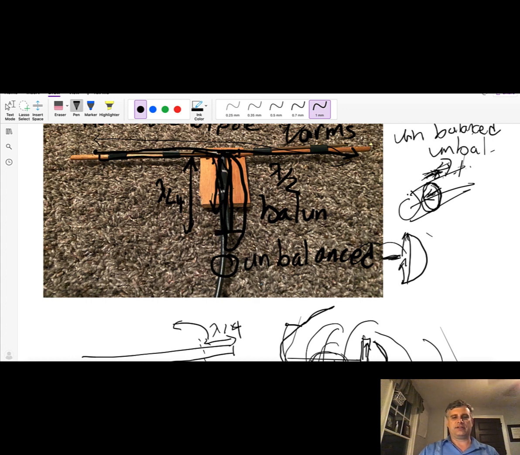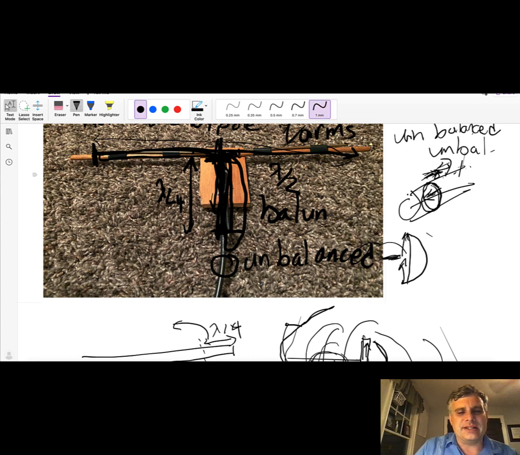Look at that. This is a picture taken directly overhead on my carpet of this half-wave dipole. This arm is a quarter wavelength. And I said that this is also a quarter wavelength. But wait a second. This is clearly longer than this dimension here.